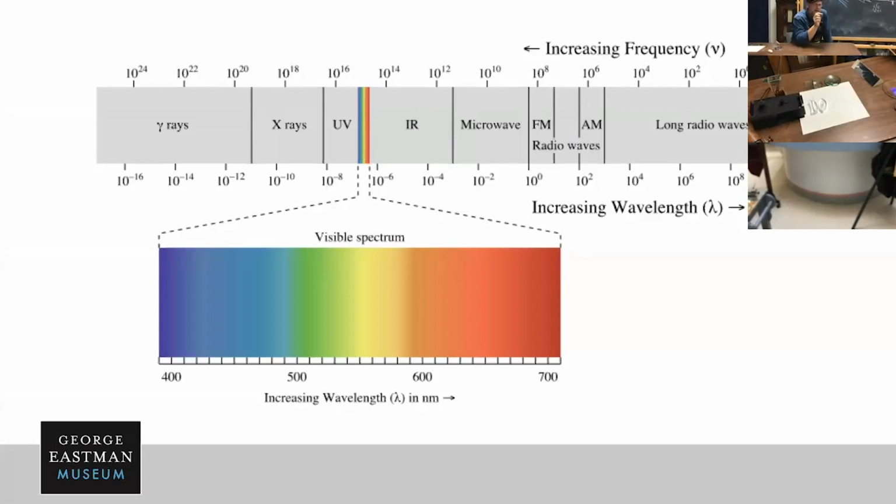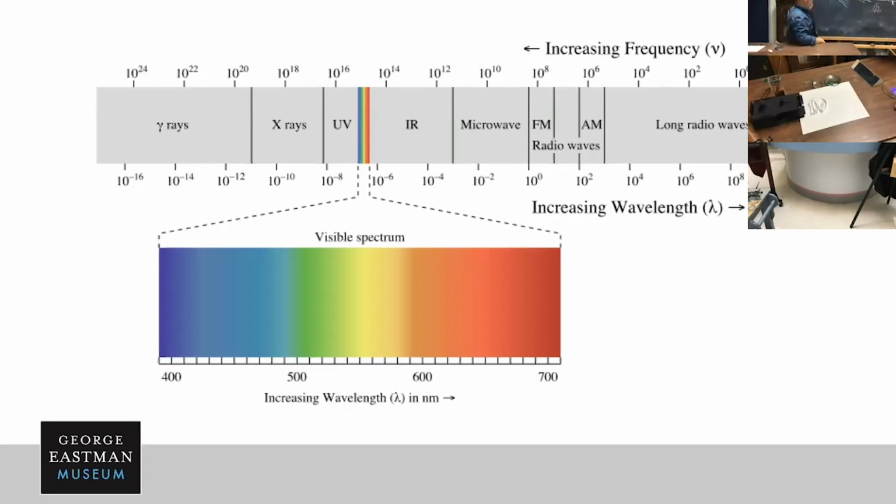And then there's a sliver, which is then enlarged to show the visible spectrum that we as humans see. And then beyond that, you'll see infrared rays, microwaves, FM and AM radio waves, and long range rays. So the visible spectrum is part of this series of waves. We don't know what to call them yet, but we know that they move and they undulate.